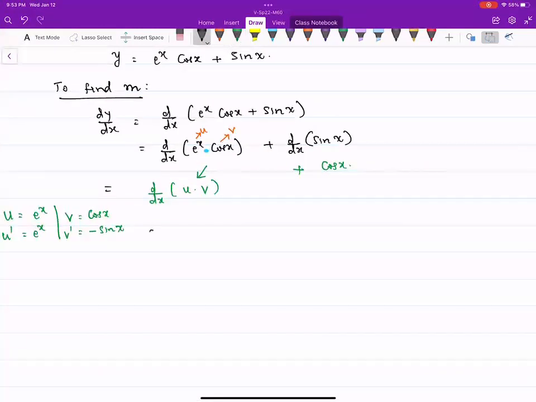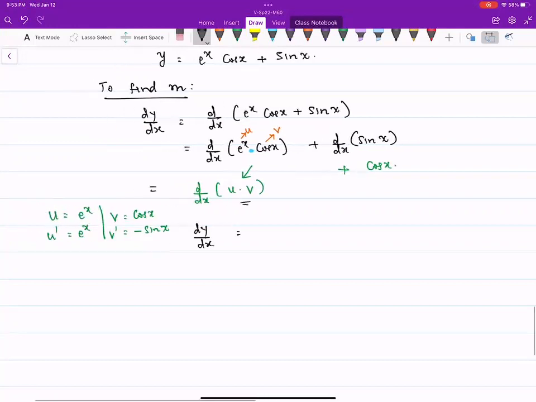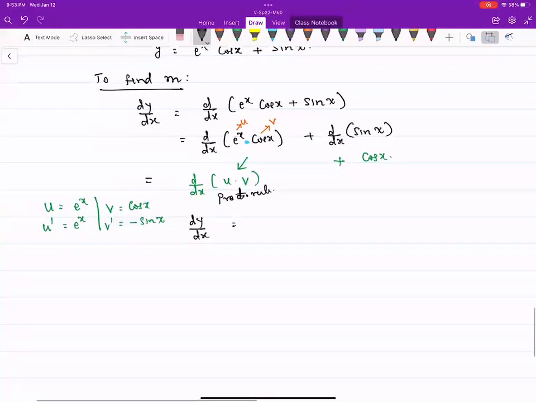So dy by dx that is asked in the problem is d by dx of u times v. So I'm going to use the product rule here. Just the product rule: u v prime plus v u prime.